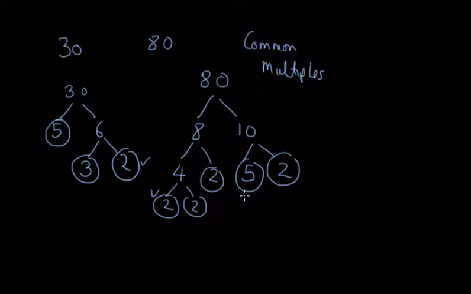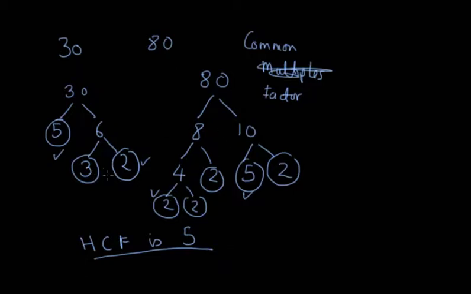The other common one is 5. The highest common factor is 5, and that's how we can use this prime factorisation tree to find the highest common factor of any two numbers.